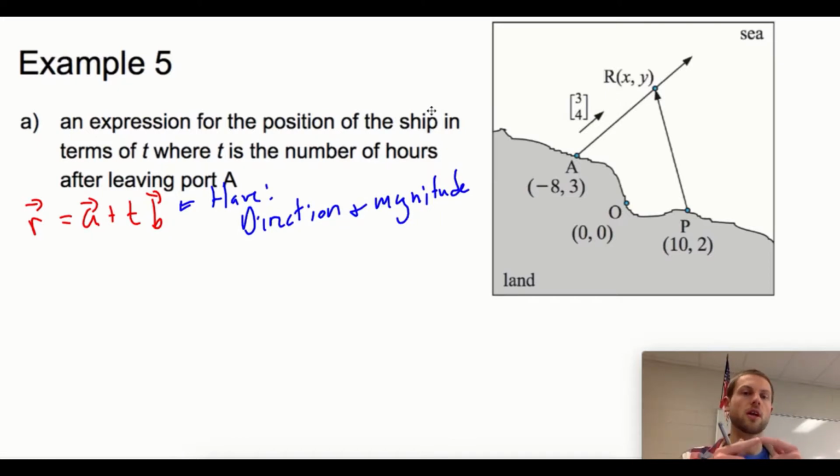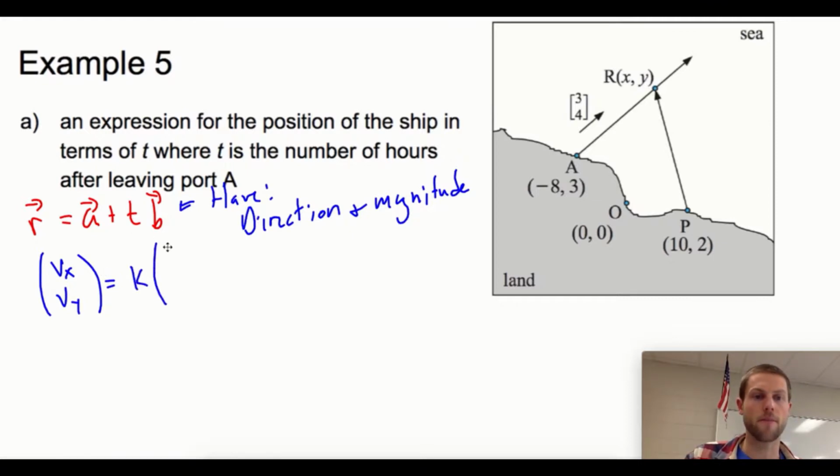So we have to put those things together to figure out what the actual velocity vector is. What do we know? We know that the velocity vector, whatever it is, Vx, Vy, is going to equal some scalar times that direction vector that was given before, 3, 4. So the velocity is parallel to this direction, 3, 4. I just don't know how much I'm multiplying this 3, 4 by to get my velocity vector.